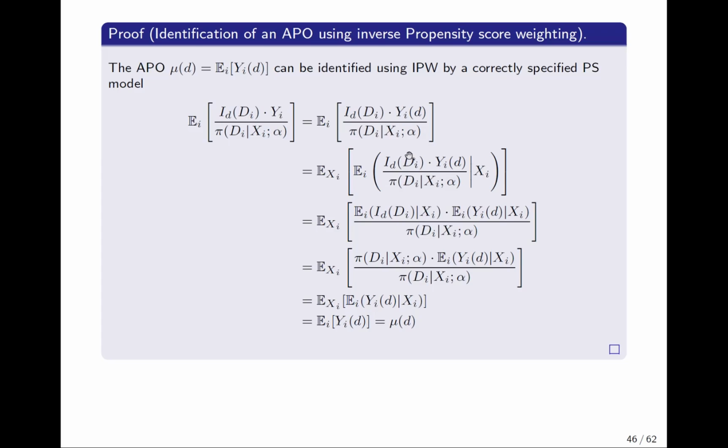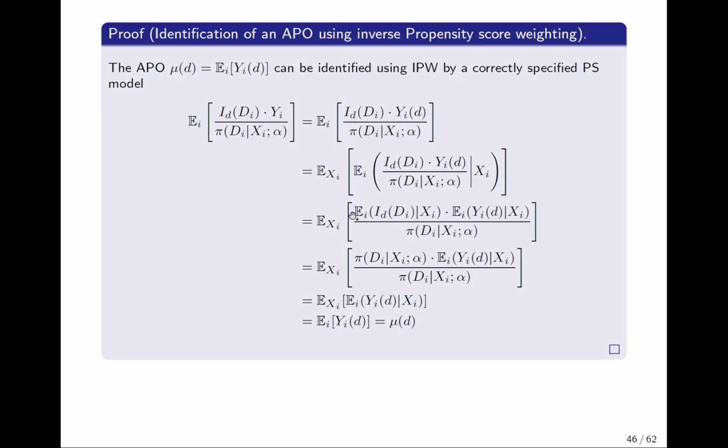That's just an iterated expectation. Once we've conditioned on x, we'll write out the numerator in this form here. So expected value of treatment assignment given x, times expected value of response given x, and due to the balancing property of the propensity score itself conditioned on x, conditioning makes no difference, so we don't have to condition on x in the denominator.